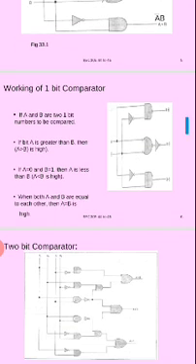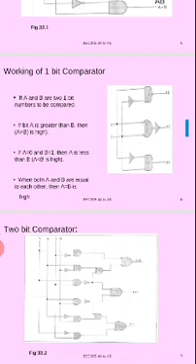In this diagram, the first one is A greater than B, the second one is A equal to B, the third one is A less than B. That is the working of the one bit comparator.